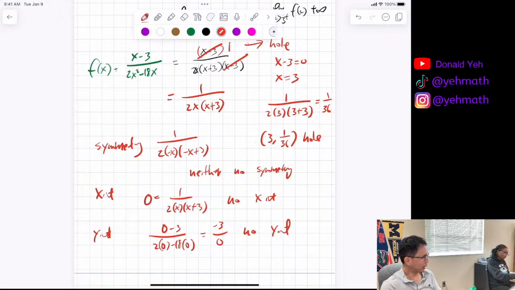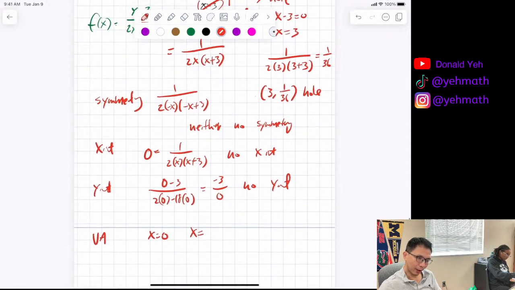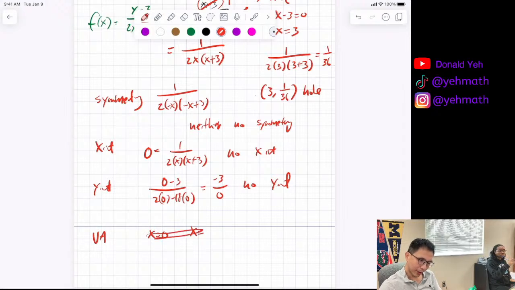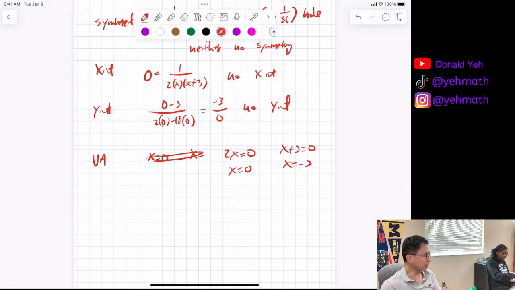Do you know why there's no y-intercept? Because the vertical asymptote is where? 2x equal to 0 and x plus 3 equal to 0. So x equal to 0, x equal to negative 3. So you got no x-intercept and no y-intercept because there's a horizontal asymptote and a vertical asymptote at 0.